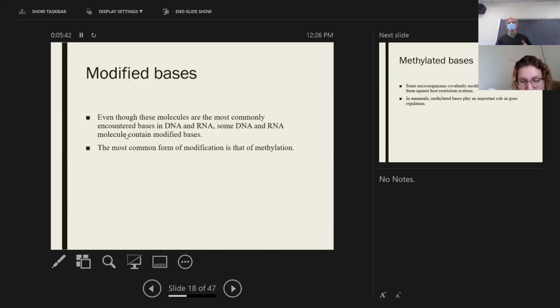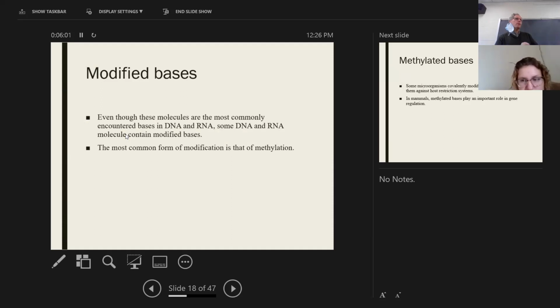There are bases that are modified in DNA and especially in RNA. Now, the degree to which bases are modified in DNA varies from species to species.